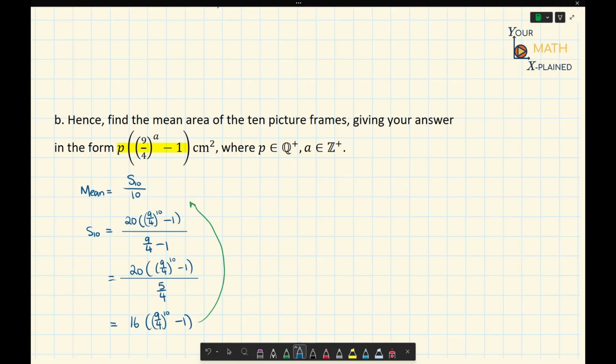So which means the mean here is going to be equal to 16/10, which simplifies to 8/5, times 9/4 to the power of 10 minus 1. And now this is in the form that we want. So here our P is equal to 8/5 and our A is equal to 10.